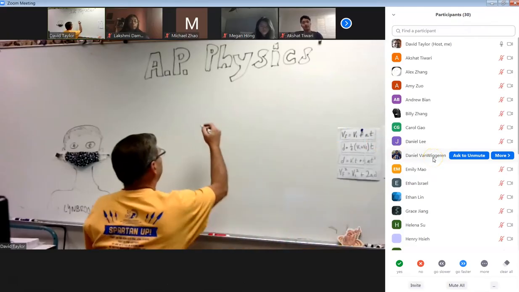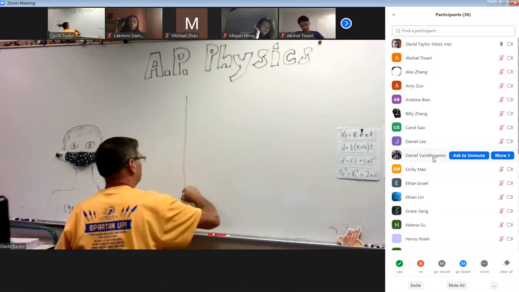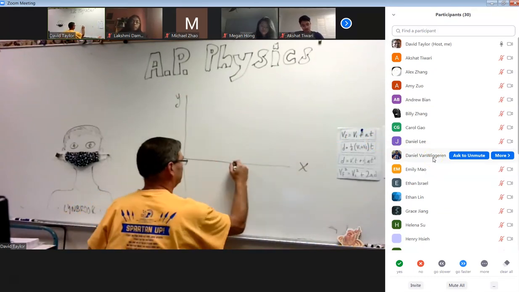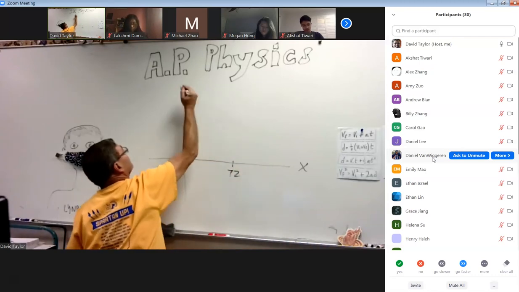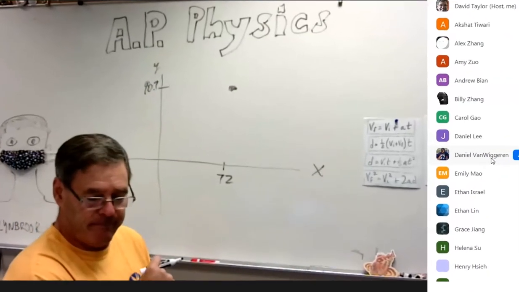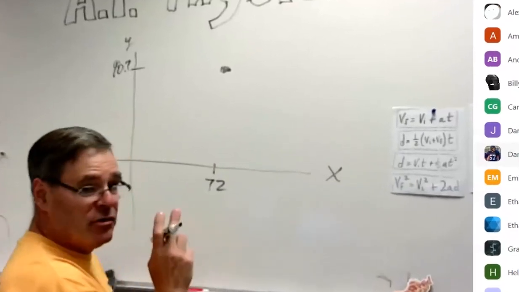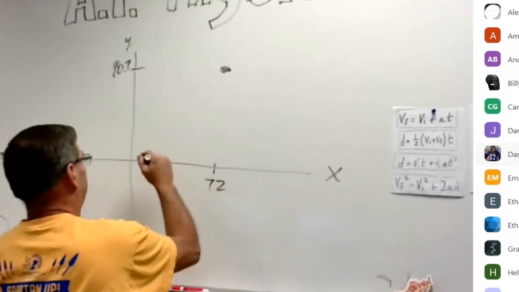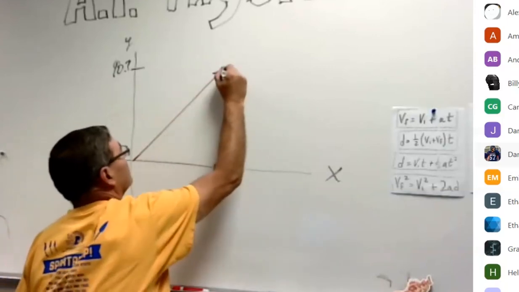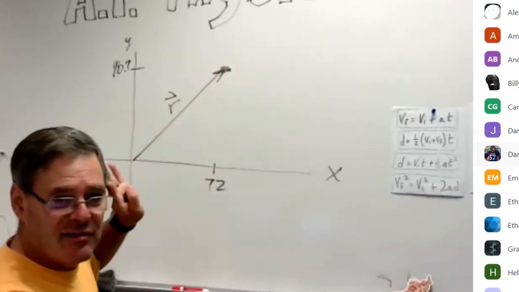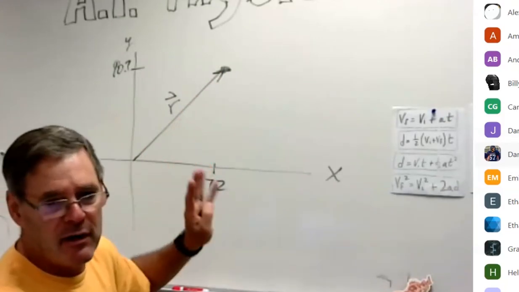All right, so here's my coordinate system. X, y. So there we go. That's my location, right? I would draw the r vector. If I drew it on the paper, it would look like this. That is the vector that represents the location of my particle.